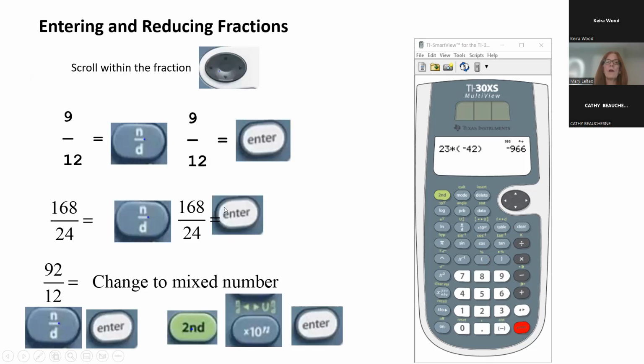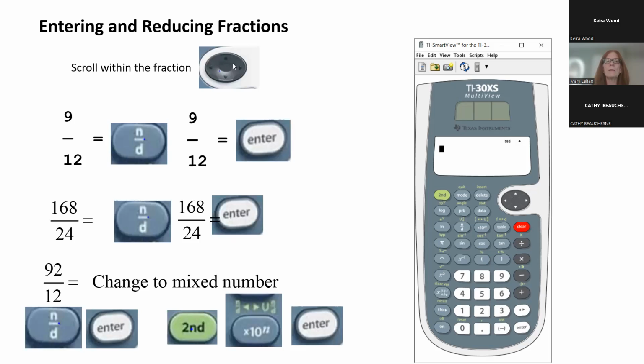Okay, so these are fractions. Kathy, I know you said your student is working on fractions. You're doing it manually, but this calculator does them easily with just a few buttons. So 9/12, we're just going to learn how to enter a fraction and how to enter a mixed number, which is a mixture of a whole number and a fraction, and do some operations with those fractions.